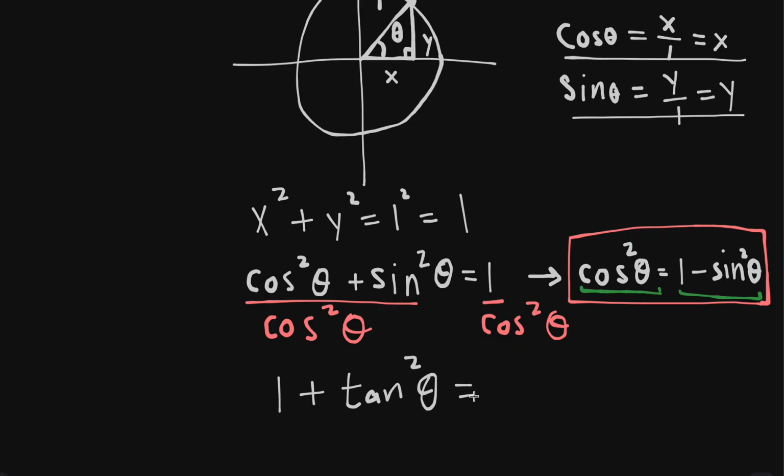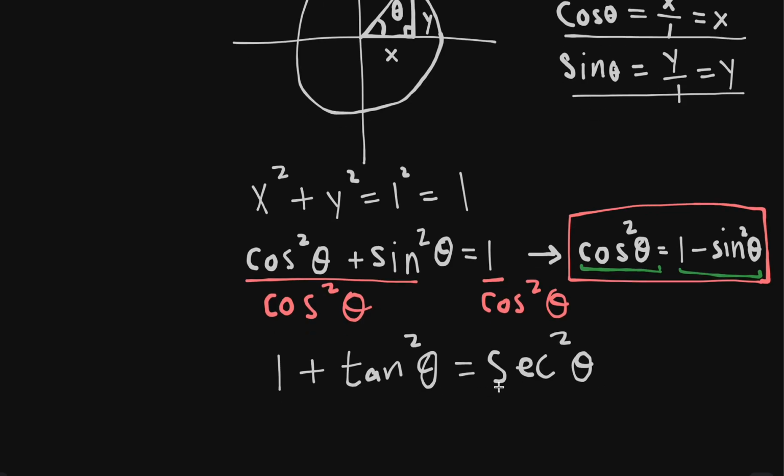And if you remember, 1 over cosine is equal to secant of theta. So 1 over cosine squared is secant squared of theta. This one lets us transform a sum like this into a single thing squared like this. So this is the other identity we're going to need for trig substitution.